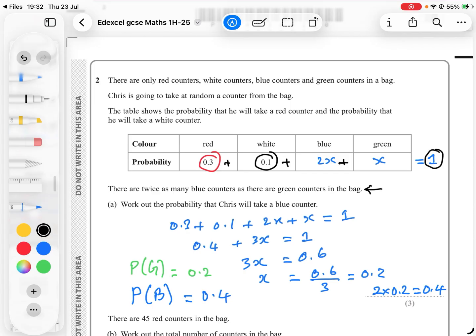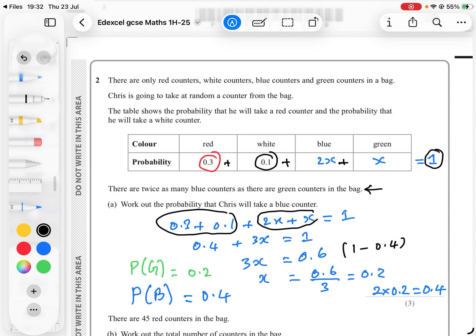So now when you add them: 0.3 plus 0.1 plus 2x plus x equals 1. Adding 0.3 and 0.1 gives 0.4, and 2x plus x gives 3x. So 0.4 plus 3x equals 1. So 3x equals 1 take away 0.4, which is 0.6.